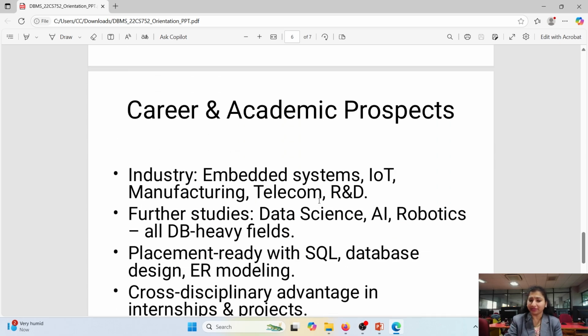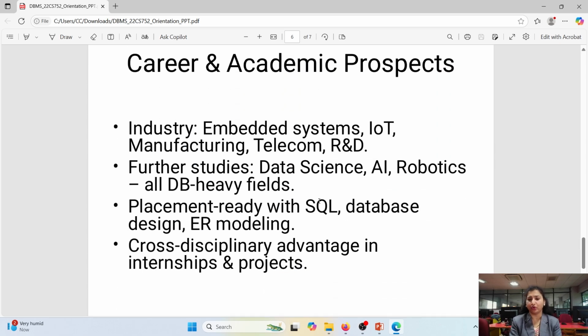From the career aspect, as I told before, you can have data science in future, and be a data analyst. You can have the prerequisite as the database management systems course, and you can become a database administrator, database designer, data analyst, and you can grab a place in your placements.